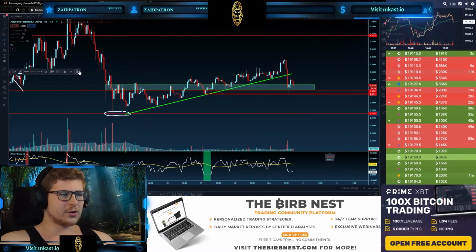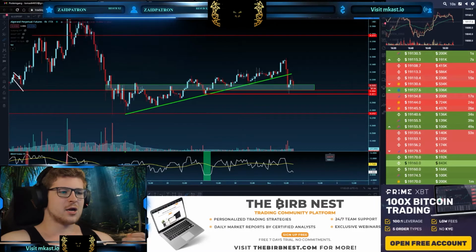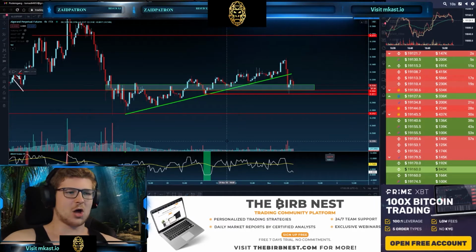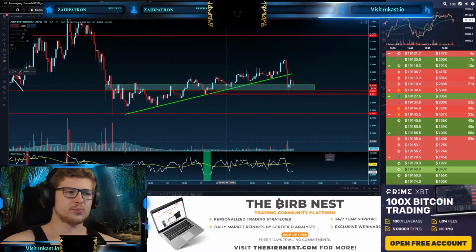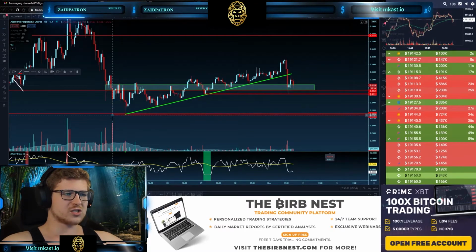Now what do we do? Most of the time, the main and general rule for the stop loss is to put it below the previous swing low. So this was our previous swing low.